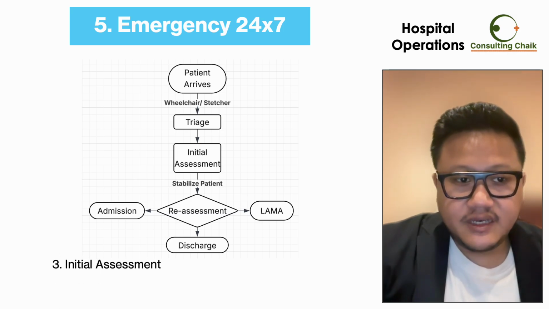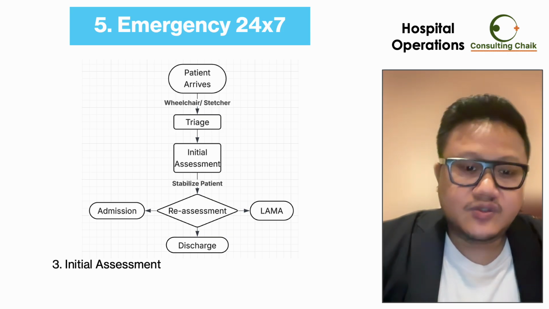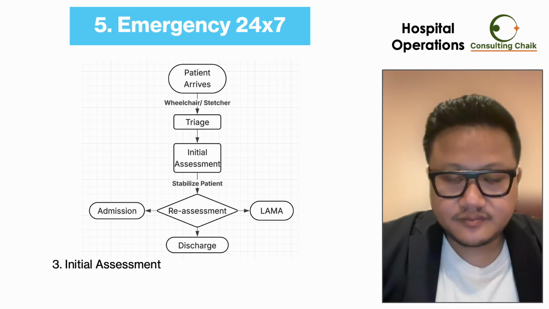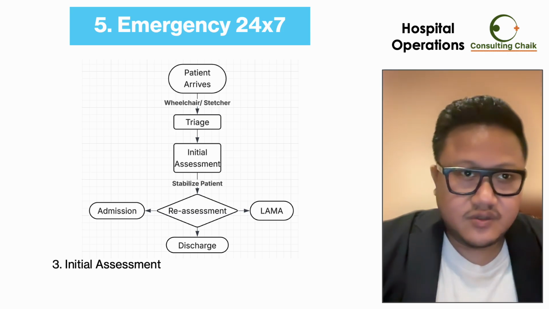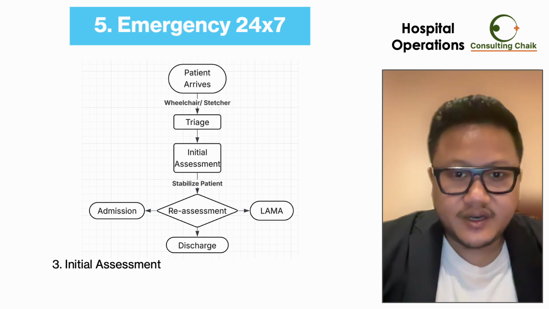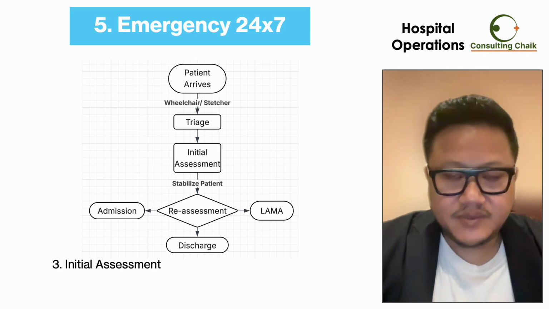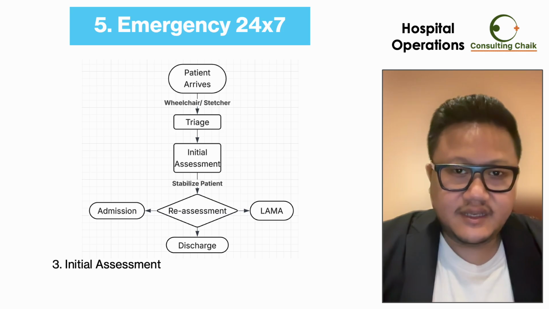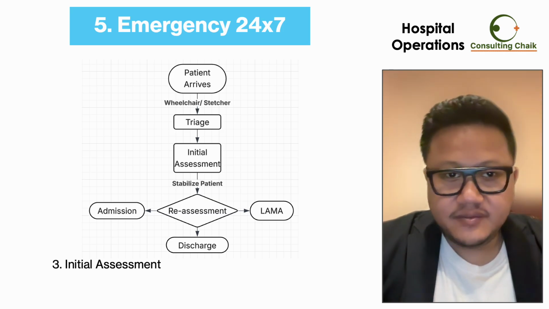Then initial assessment is taken, which has to be done by the doctor. It should happen within 5 minutes, tops 10 minutes. So immediately it should happen actually. When the patient is allocated a bed in the emergency observation room, the doctor asks about the history, the condition, the symptoms, what pain they have, and then an emergency initial assessment is done, and accordingly medicines are given.